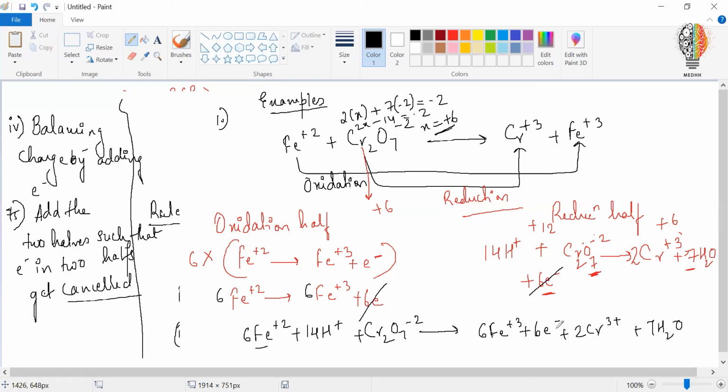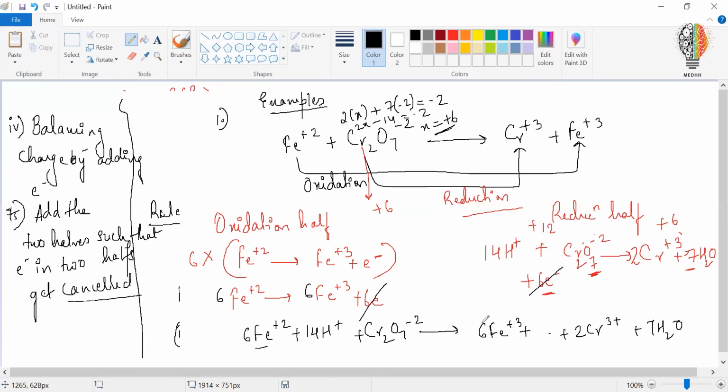Oh, one second. The electrons were cancelled out, so why am I writing them? They are not there. So here the total charge is 24. Here also the total charge is 24. You can see hydrogens are 7 2s, which is 14. Here also 14. Chromate is 2, 3 plus, and there are also 2 chromate ions. So overall the charge is balanced out.